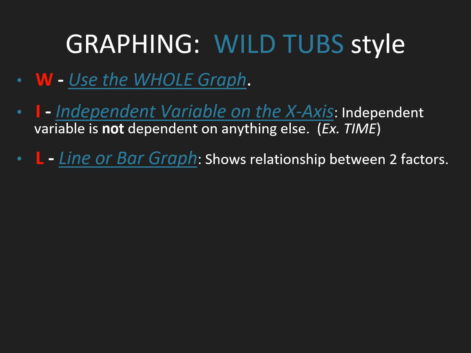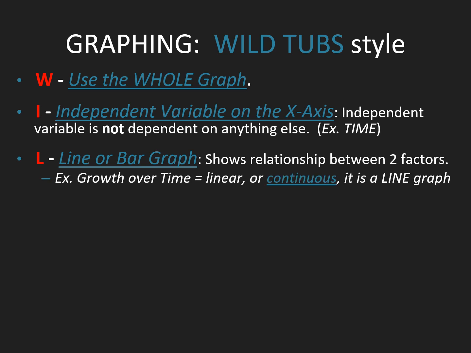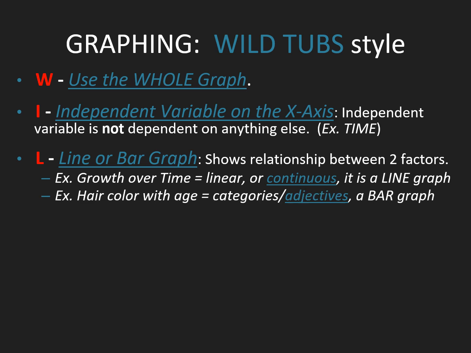So continuous data, like time, that's going to get a line graph. So growth over time is a great example. However, if we are looking at categories, we're comparing two different things or three different things, we are going to use a bar graph.